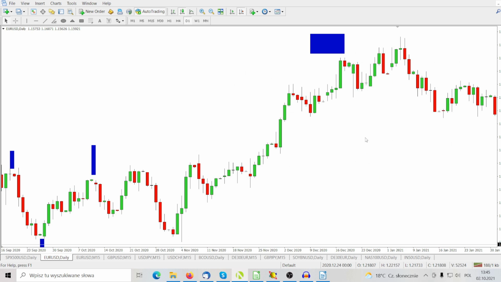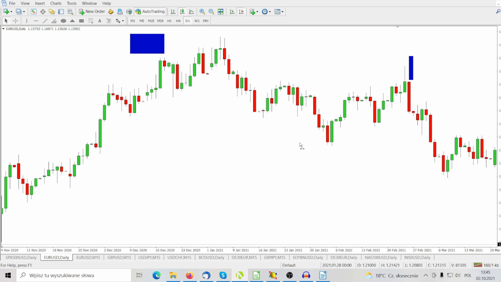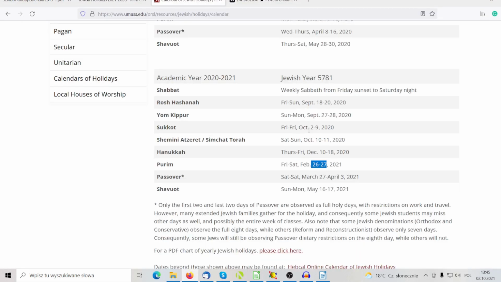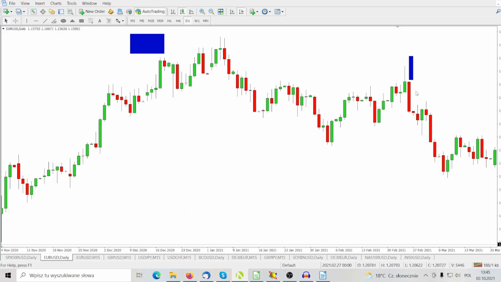So it looks like this is the December as well, this long uptrend, upswing, whatever you call it. This is February, I've shown you already. February 2021. Here we go. It's 26th and 27th February 2021.